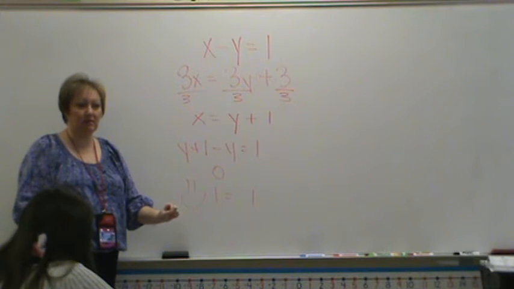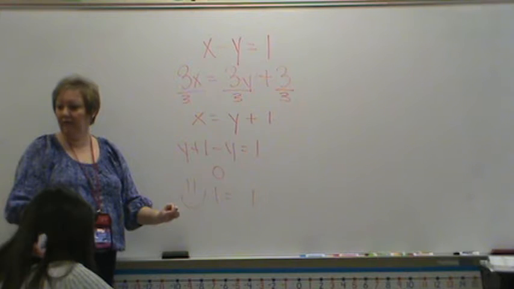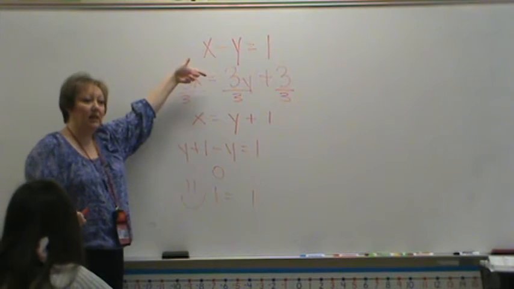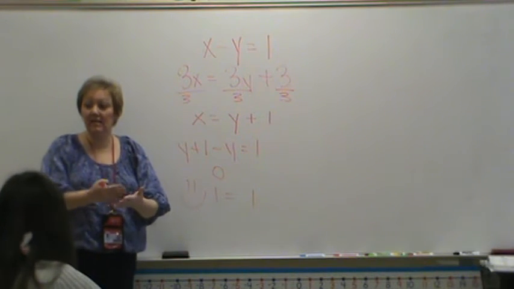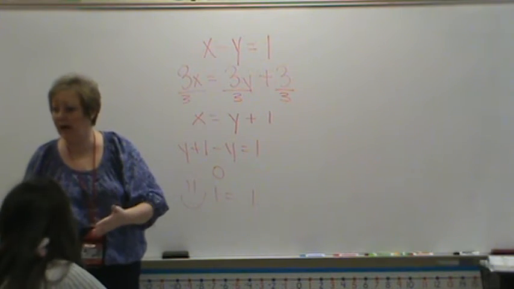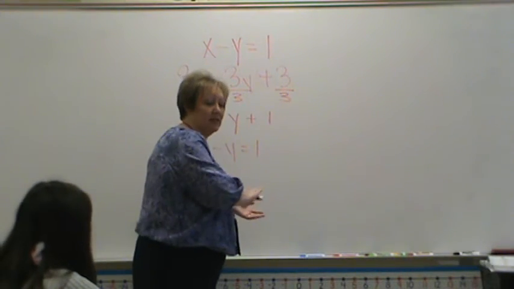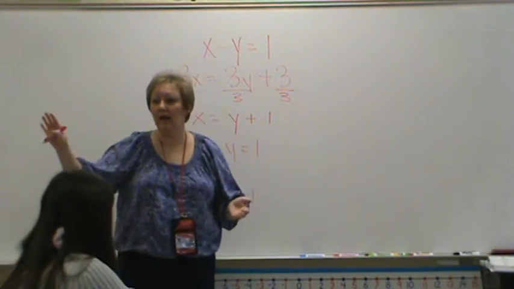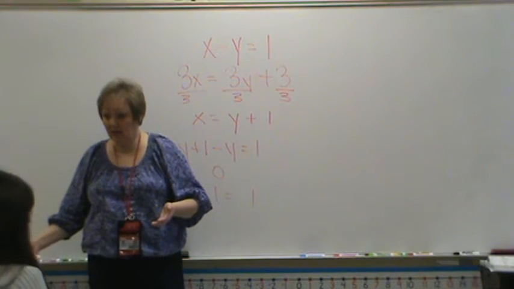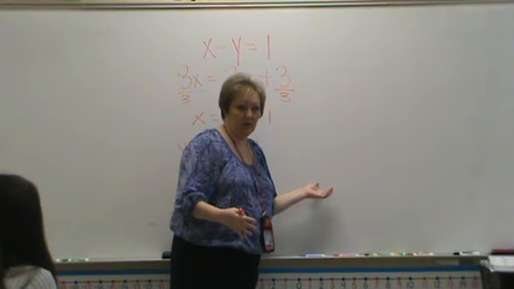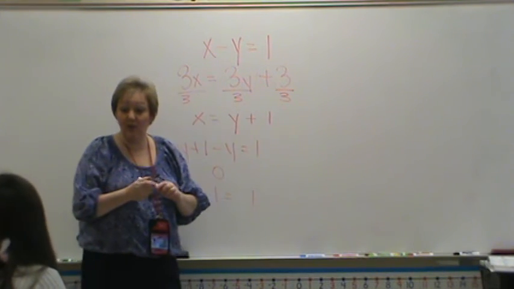There would be no difference. They are the same line. That means that whatever ordered pair you choose from that line, as long as that ordered pair is on that line, that is the solution for the system. There are infinitely many solutions.